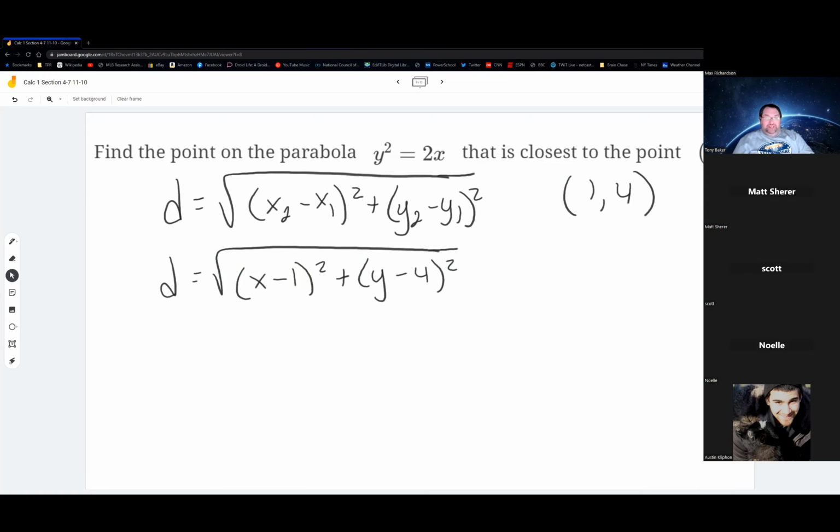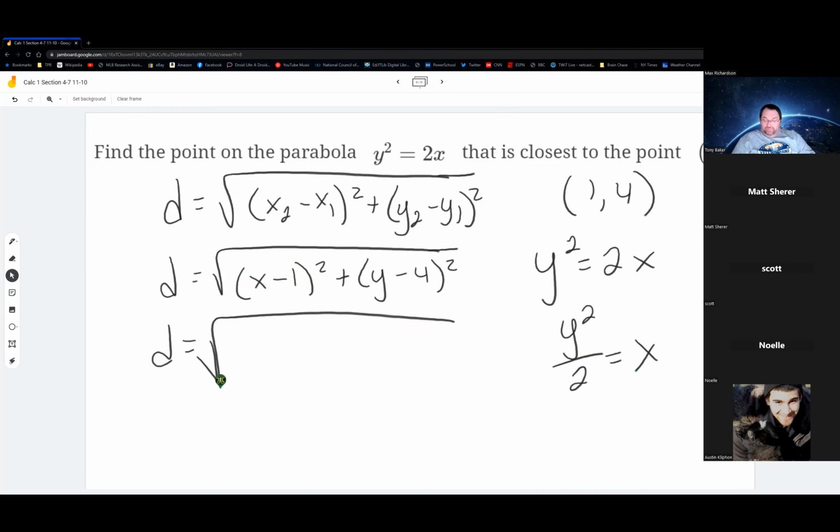Now the next thing we want to do is, again, we only want to have one variable in the problem. So I've got y squared equals 2x. So let's solve this for x. So I've got y squared divided by 2 is x. So now I can change this, so I only have one variable.